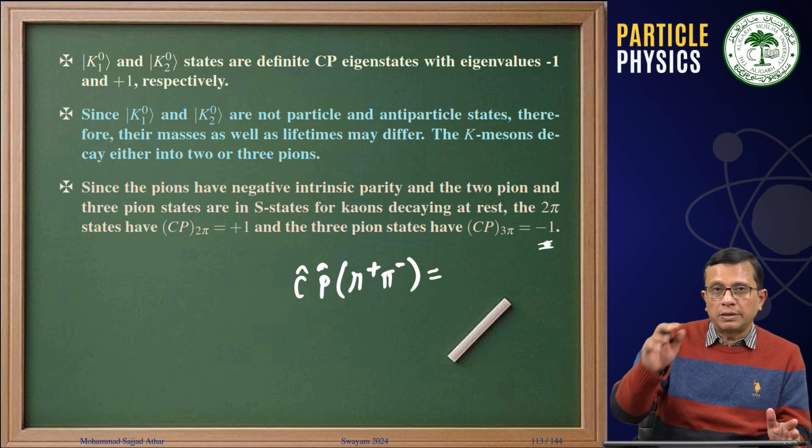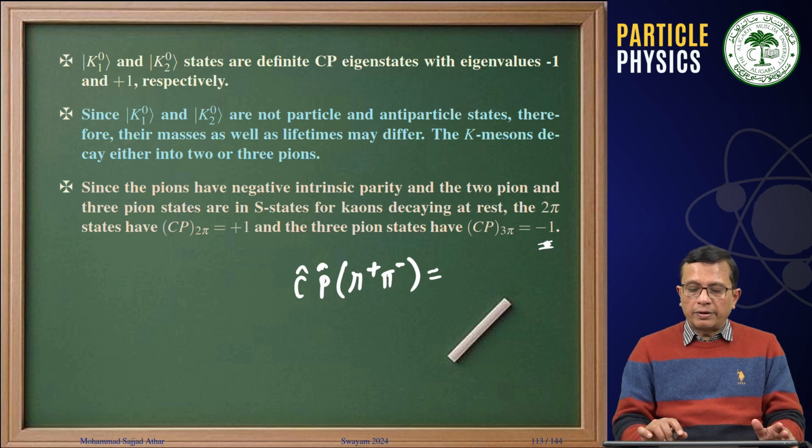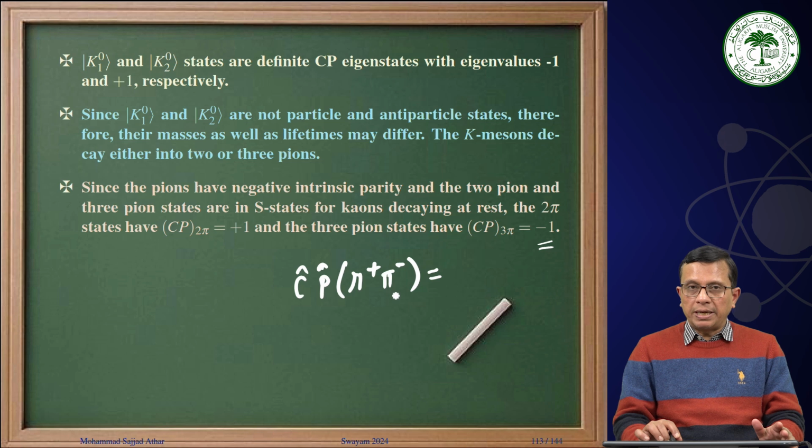gives you minus 1. Otherwise, from the C operation, what you are getting is again a quantity that is consistent with L equal to 0. Therefore, mind it that when we are talking about the charge conjugation operation, we have P pi plus, P pi minus, and the reflection.